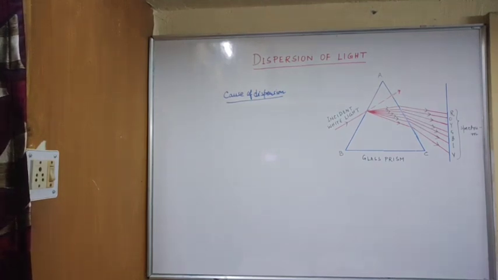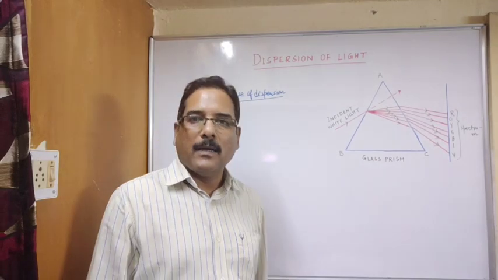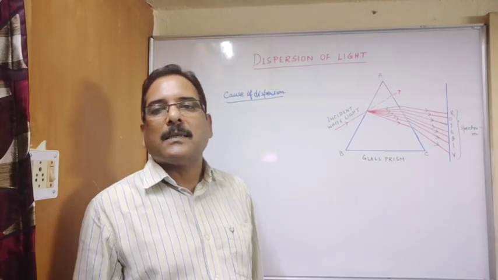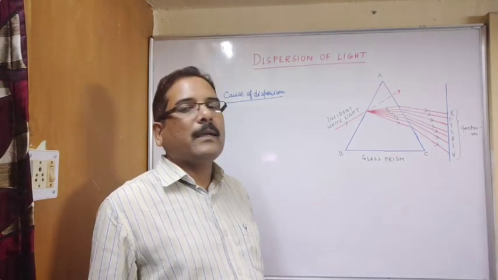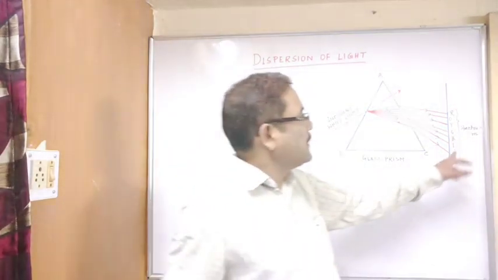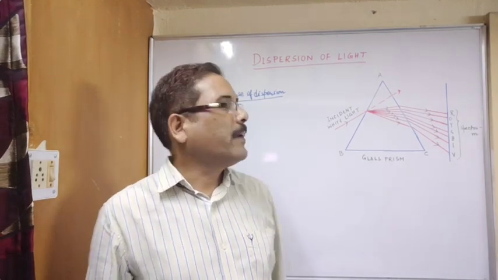So, as we know, white light consists of 7 colors, and these colors have different wavelengths.